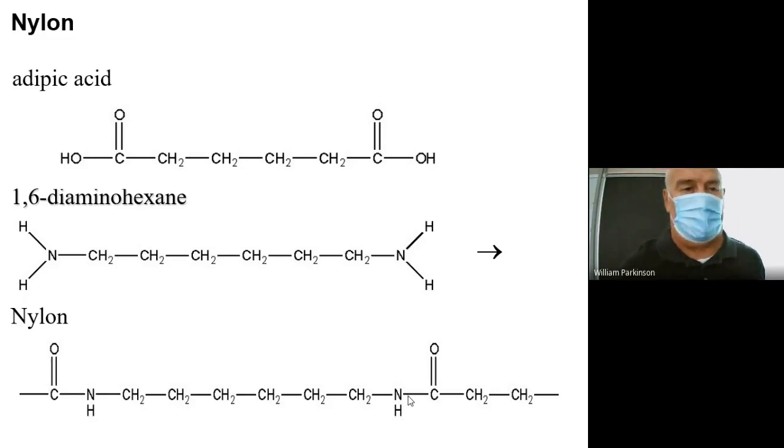So this is a condensation polymer. It's also a copolymer because I'm taking these two different monomeric units. When I connect these together, I make nylon. And nylon was one of the miracle materials of the 1930s and 40s.